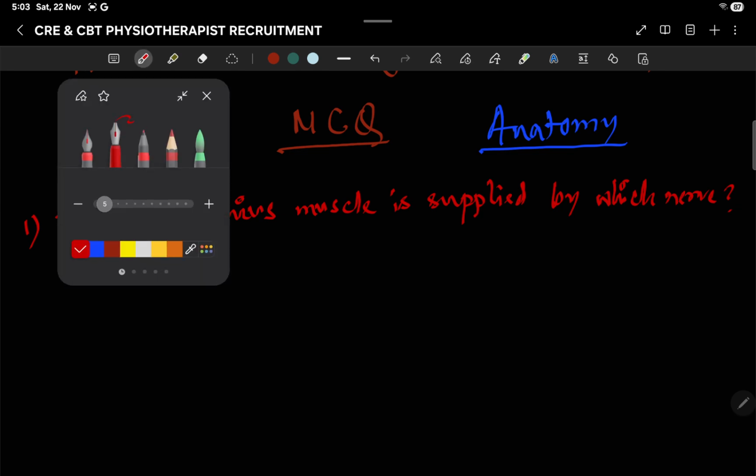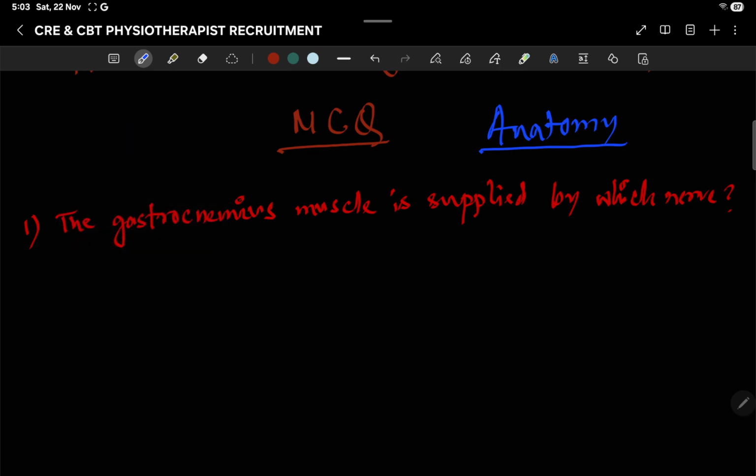The gastrocnemius muscle is supplied by which nerve? A option is femoral nerve. B is obturator nerve.